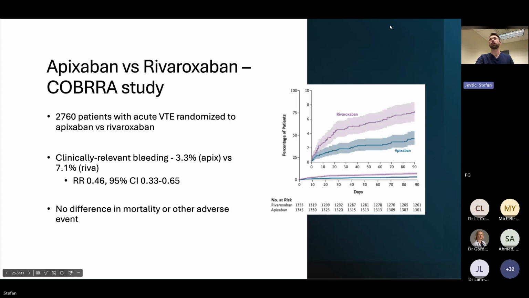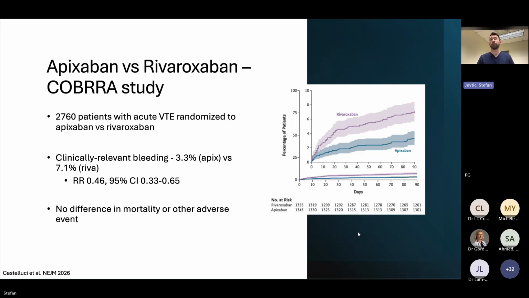We also know, from a new trial that was recently published in the New England Journal a few months ago, called COBRA. We've known for some time that apixaban seems to have a lower bleeding risk across trials, and we were never really sure why, but there was never a head-to-head to compare with rivaroxaban. And so finally, Lana Castellucci in Ottawa and her group decided to do a head-to-head trial where they took over 2,000 patients with an acute VTE and randomized them to receive either apixaban or rivaroxaban.